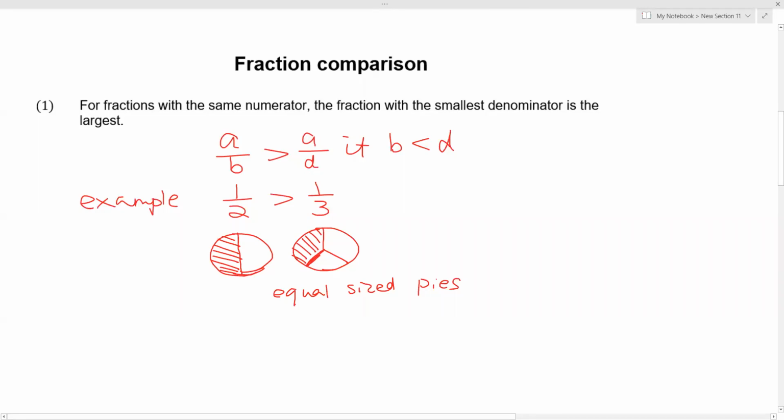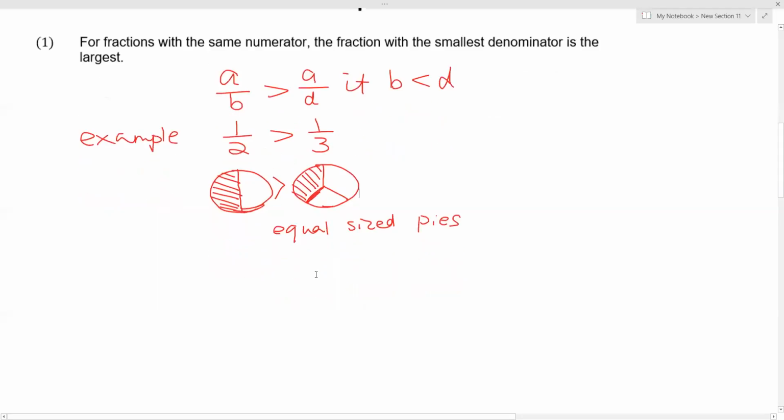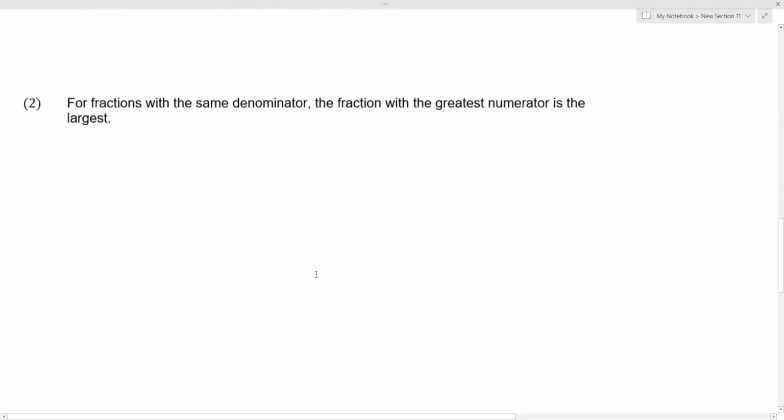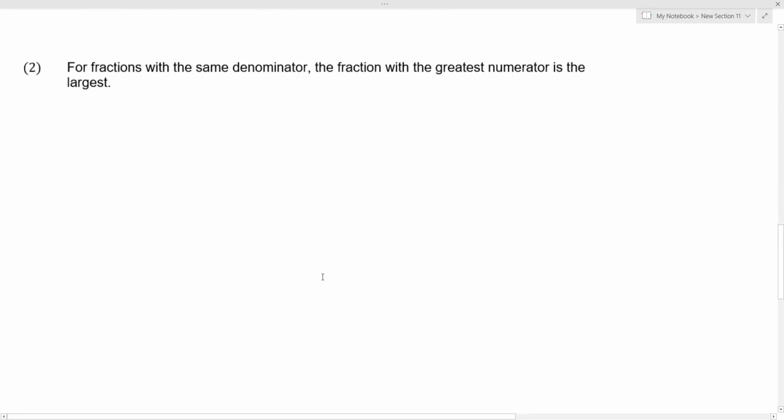Obviously, the part on the left is bigger than the part on the right because you have divided into smaller slices.